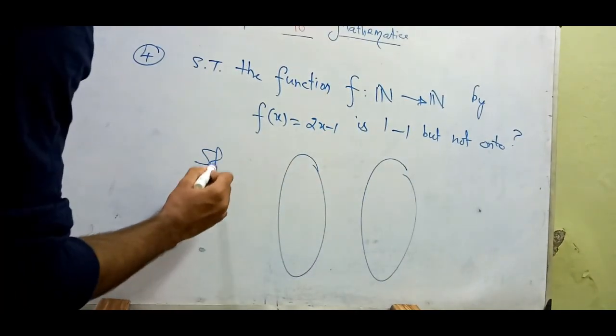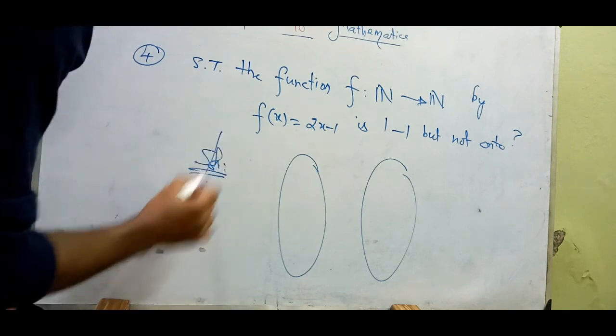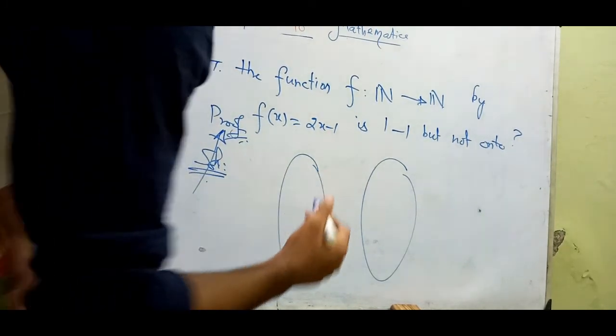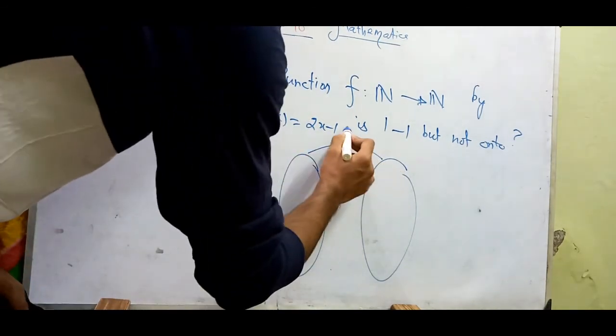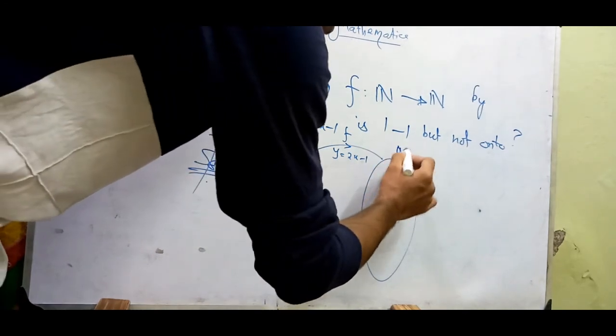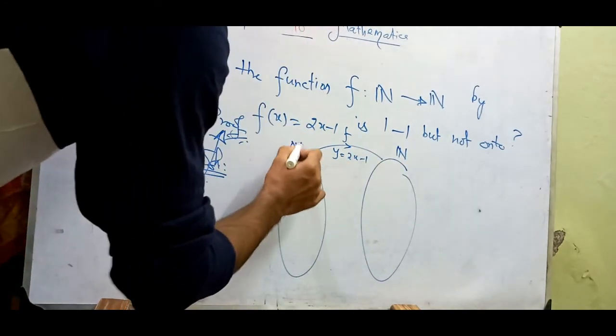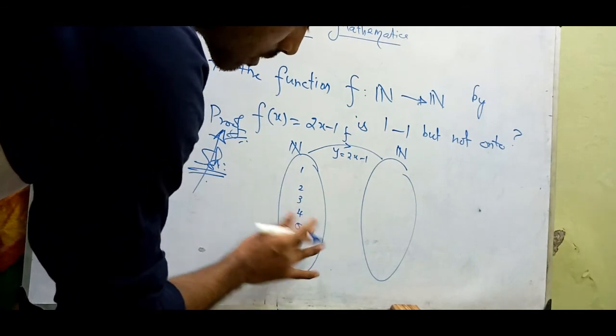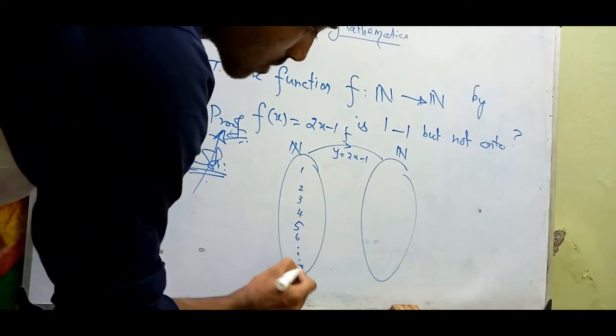So the solution, or you can say proof, okay, because it says to show, meaning to prove. Okay, let us prove this. So here is a function f, I call it y equals 2x minus 1. Here is the natural numbers, and again here the natural numbers. Okay, so 1 2 3 4 5 6 and so on.